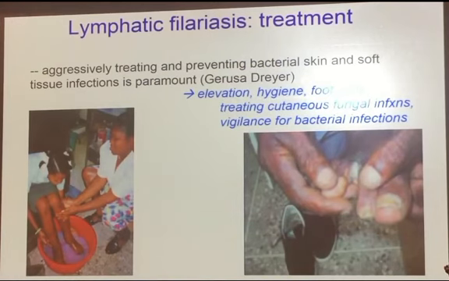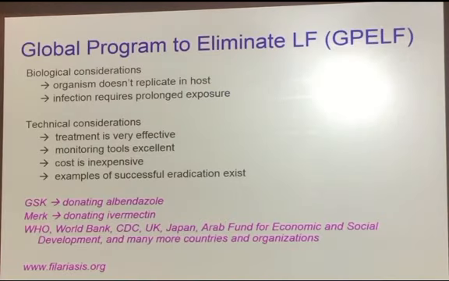This was really advocated and shown in large part by Dreyer, a scientist in Brazil. In areas of northern Brazil, they still have a little bit of lymphatic filariasis. She makes the point that if you have someone with lymphedema, not really of any kind, but including lymphatic filariasis, you want to elevate the limb, do hygiene, wrap it with ace bandages, and be very, very vigilant about treating soft tissue bacterial and fungal infections.